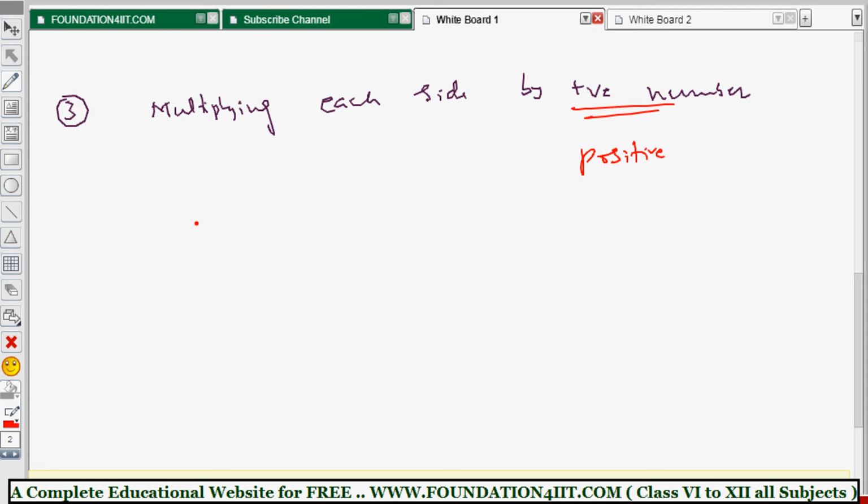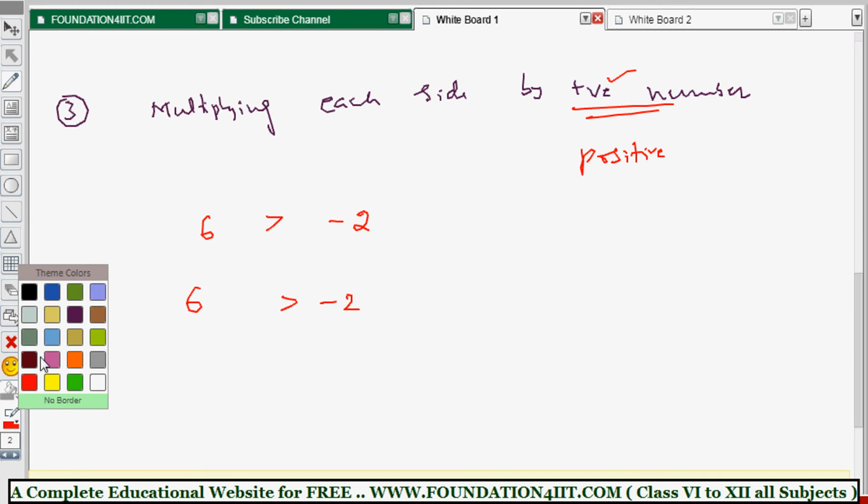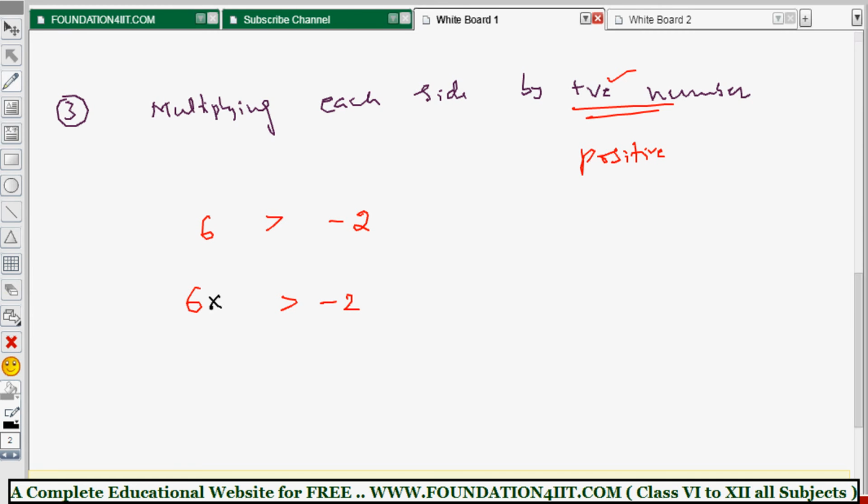So see here. That means, for example, 6 is greater than minus 2. So I am multiplying both sides with a positive number. 6 is greater than minus 2 is given. I need to multiply with some positive number, take plus 4.